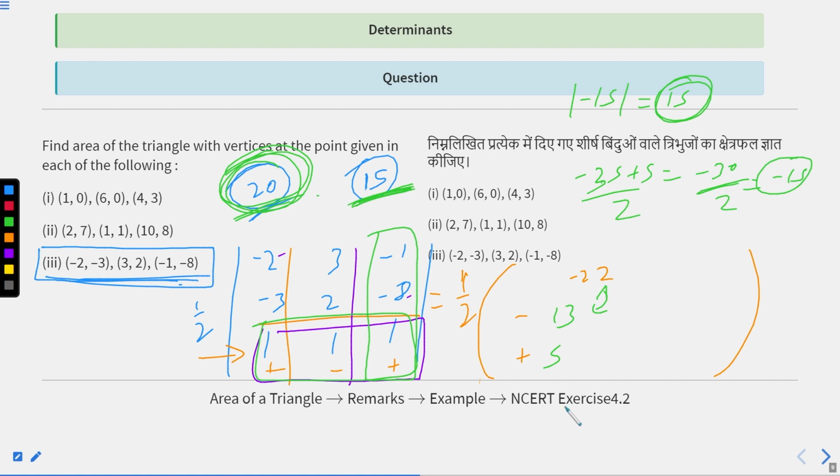Sorry for that inconvenience. I somehow neglected that part, but you do not have to neglect it, otherwise you will lose marks in your examination.